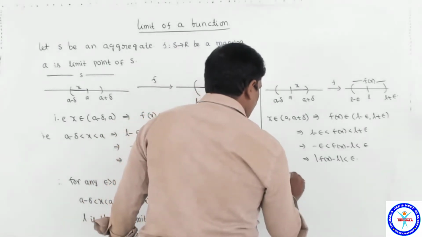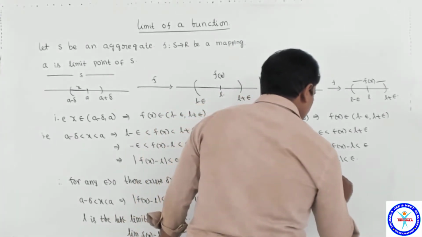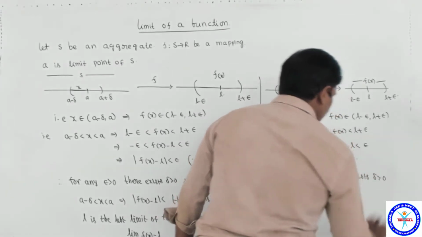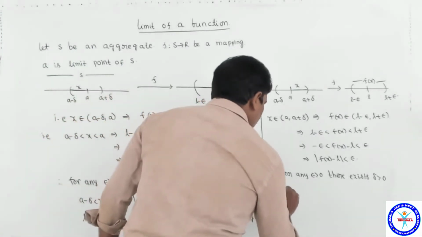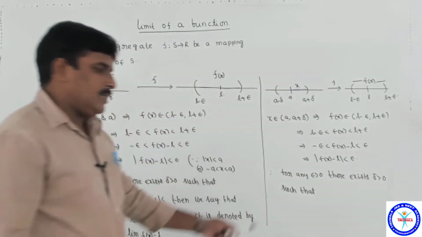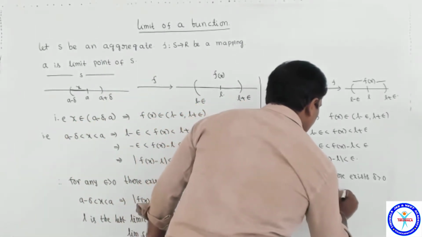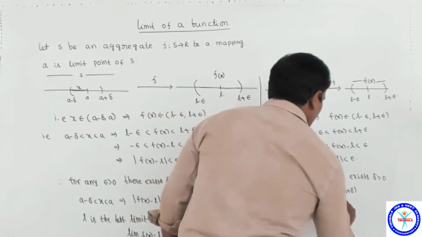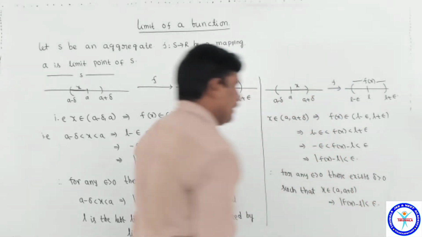For any epsilon greater than 0, there exists delta greater than 0 such that x belongs to a comma a plus delta implies modulus of f of x minus L less than epsilon.